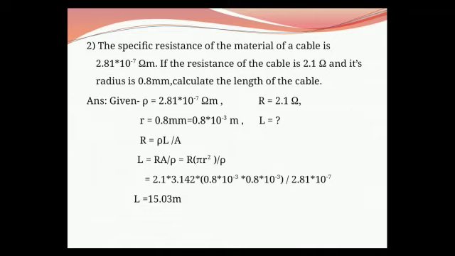When we put the values, we get L equals 2.1 into value of pi 3.142 into value of radius 0.8 into 10 raised to minus 3, bracket square, upon value of specific resistance 2.81 into 10 raised to minus 7. When we solve that, we get the final answer L equals 15.03 meter.